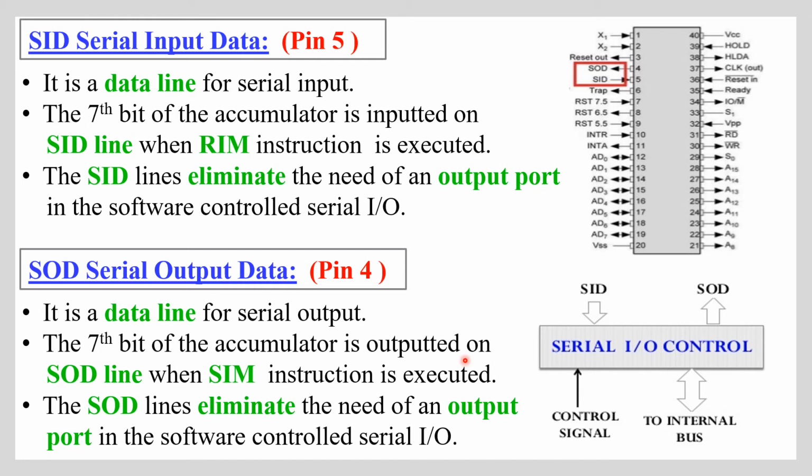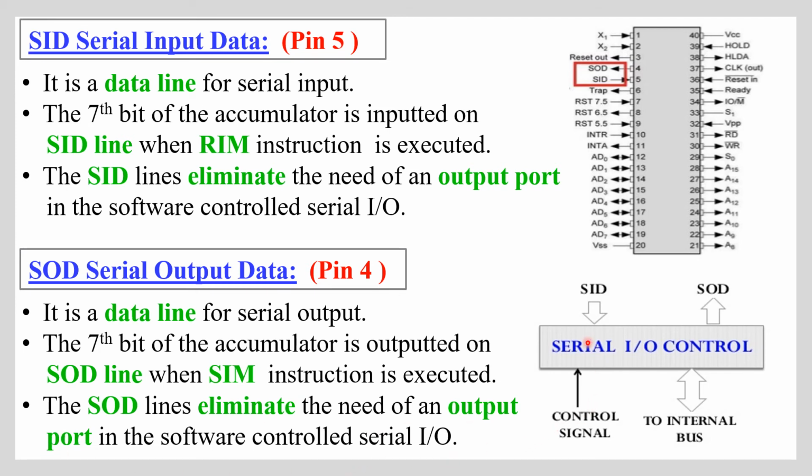The accumulator's 7th bit is sent serially out from this pin when the SIM instruction is executed. So when the SIM instruction is executed in a program, the data is sent serially out. SOD eliminates the need for an output port in software-controlled serial output.